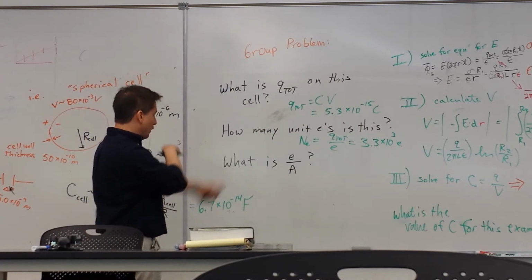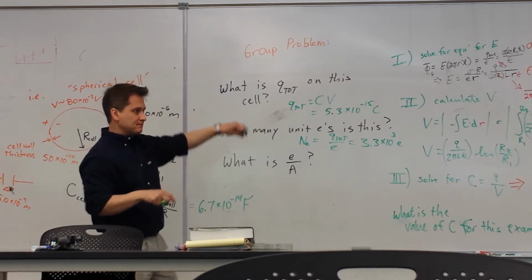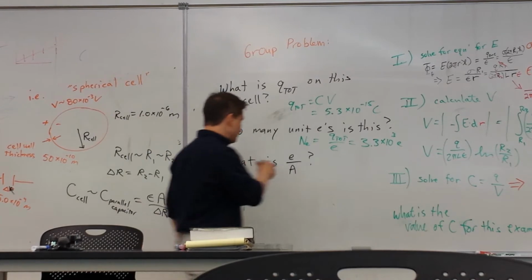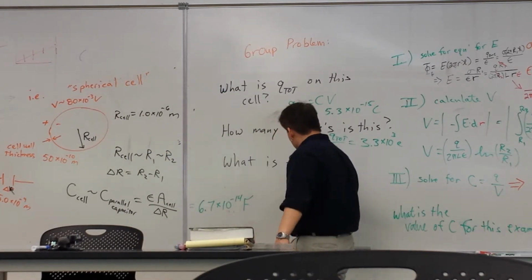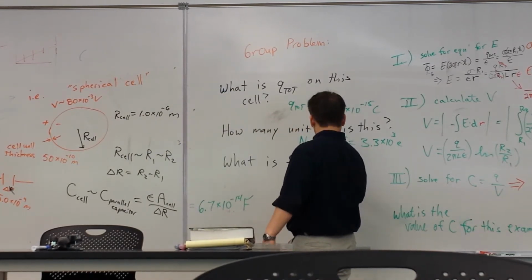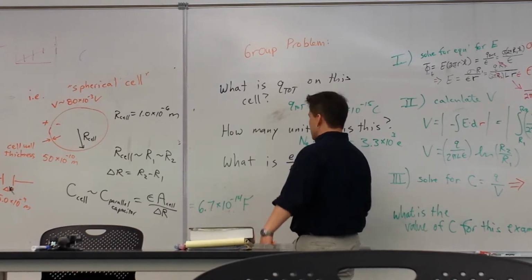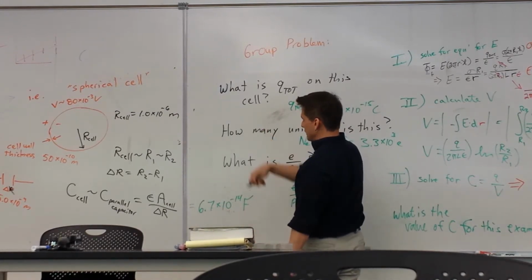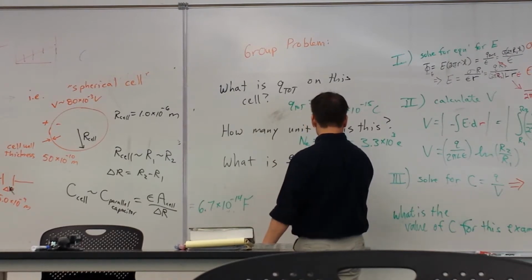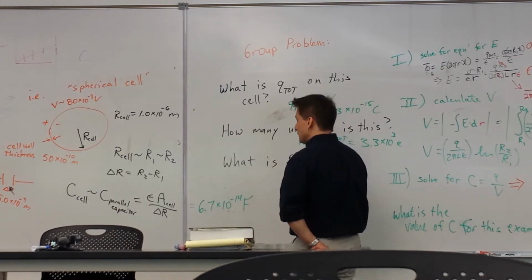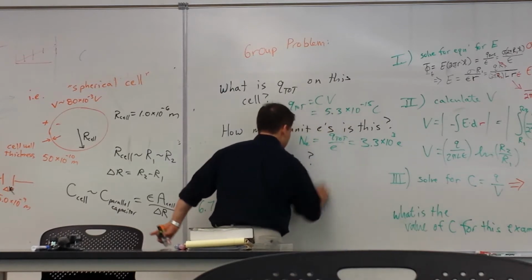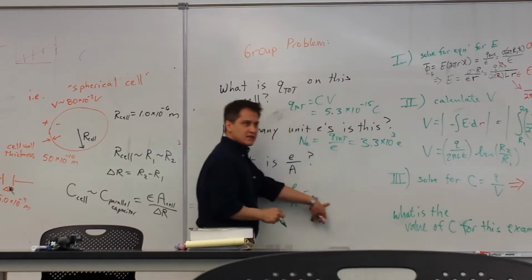Oh, when you calculate E per area, the density of E over A would be 3.3 times 10 to the third, divided by a surface area that's about 10 to the negative 11. Just what's the number come out to be?